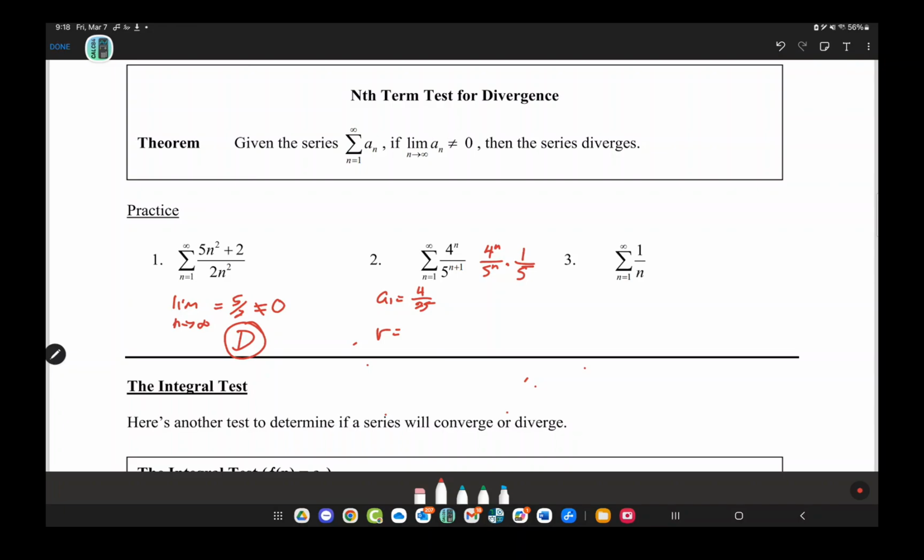My rate is 4 over 5. Since the absolute value of my rate is less than 1, this converges, and we will find a value for this. We can plug into the formula a of 1 over 1 minus r. So 4 over 25 over 1 minus 4/5, which is 4 over 25 divided by 1/5, so that's just 4 over 5.